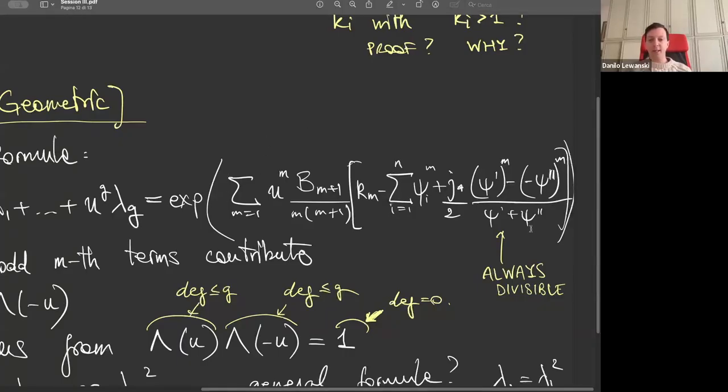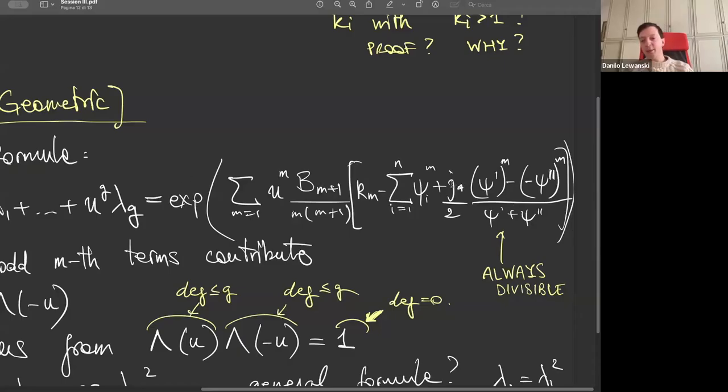So you would take this sum and raise it to the power n, divided by n factorial, and sum over n from 0 to infinity. Of course, it would stop before infinity because of the dimension of the space, so it would stop at 3g minus 3 plus n. And still you would have a lot of vanishing, because this sum also stops at 3g minus 3 plus n, but depending on the expansion of the exponent, you would have fewer and fewer terms, the higher n.